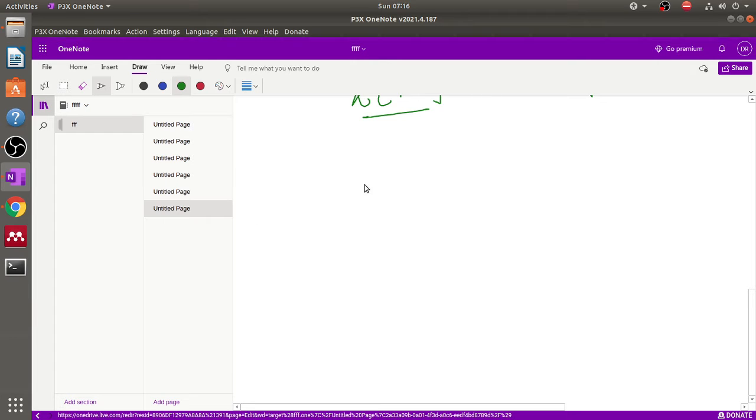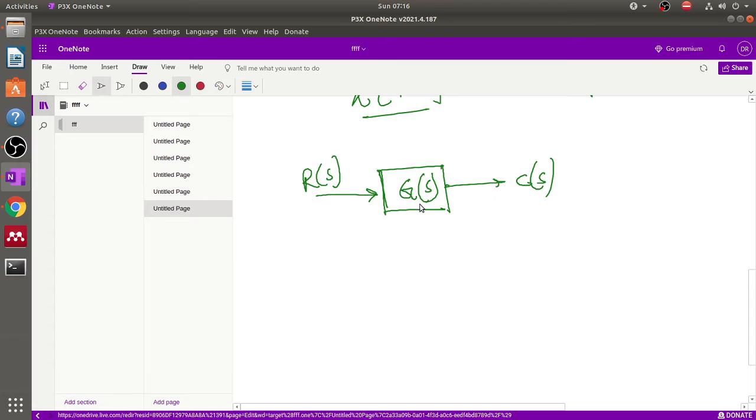So first of all, consider one block, and the gain in the Laplace domain is known as G(s). Here we apply our input R(s) and we get output C(s). So these are all in the Laplace domain. Here gain equals open loop gain equals C(s) by R(s), that is the Laplace transform of the output response divided by the Laplace transform of the input response.